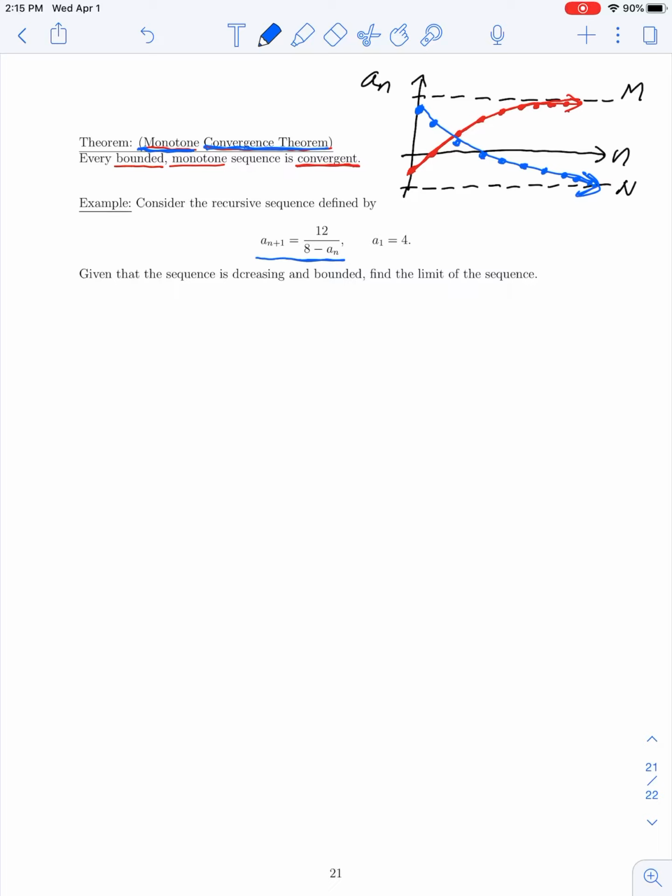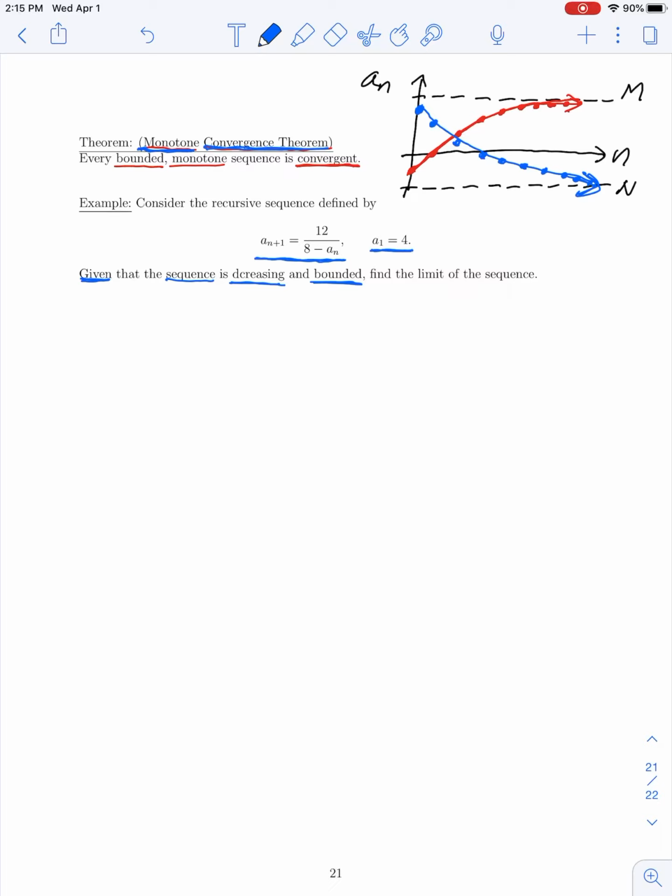So let's look at an application making use of this Monotone Convergence Theorem. Here we are told to consider the recursive sequence defined by the following recursion. So here a_(n+1) is equal to 12 over (8 minus a_n), and a_1, the first term, is given as 4.